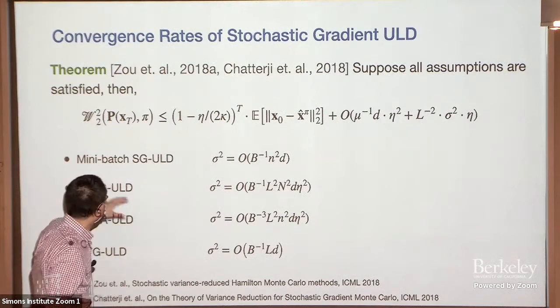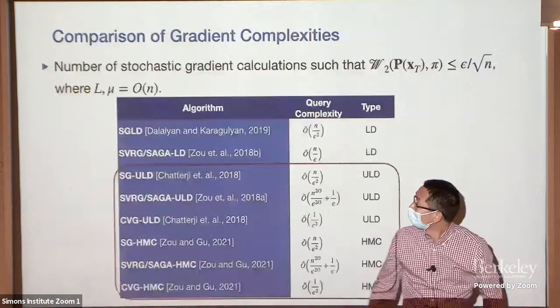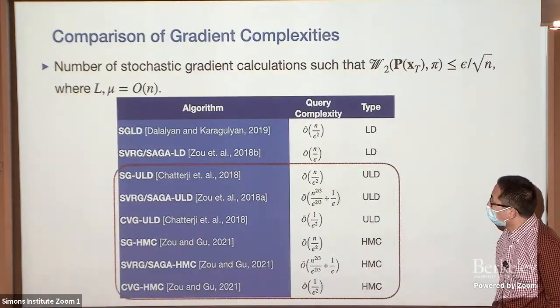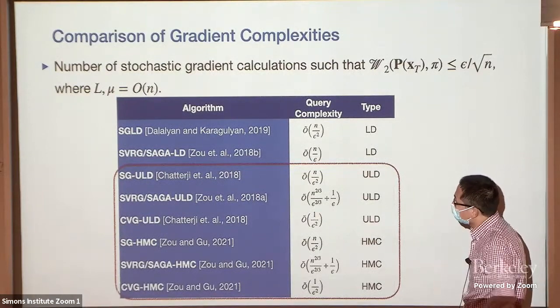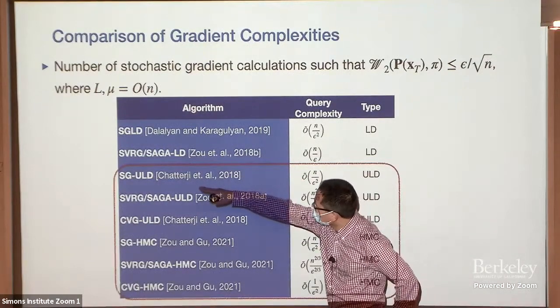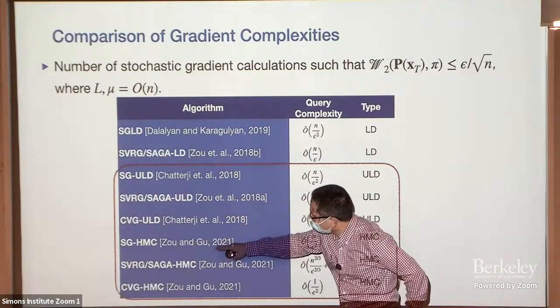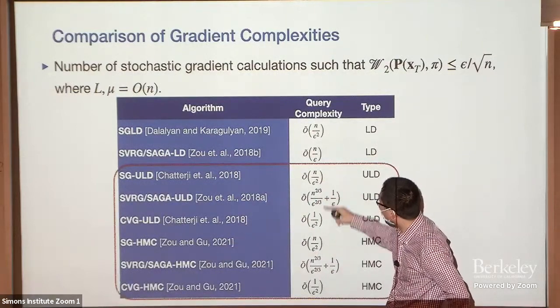So you can see that we just plug those variance bounds into this master theorem, and then we can derive the query complexity for underdamped Langevin with stochastic gradients. An interesting observation is you can compare line by line, for example, stochastic gradient underdamped Langevin with stochastic gradient Hamiltonian Monte Carlo. They have the same query complexity.